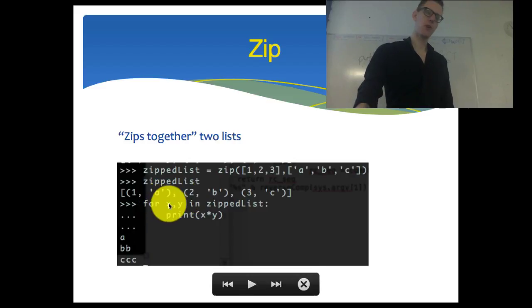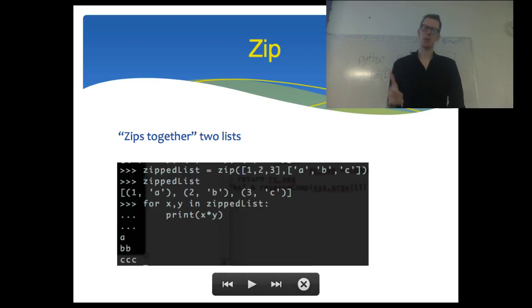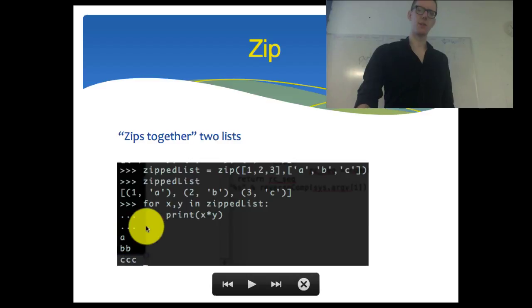So for x and y in zipped list, it's going to set x equal to 1 and y equal to A the first time. I'm then going to print x multiplied by y, and what that will do is A multiplied by 1, which will repeat A once, and we should see A printed to the screen.